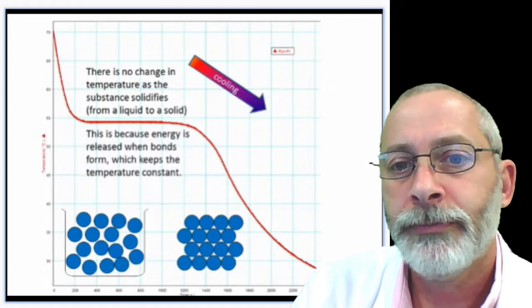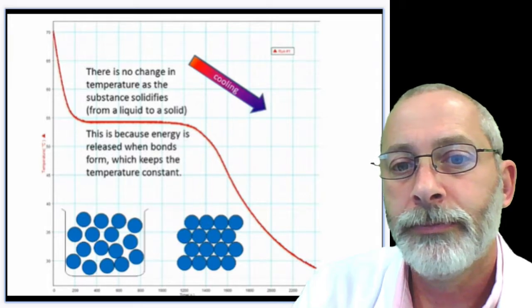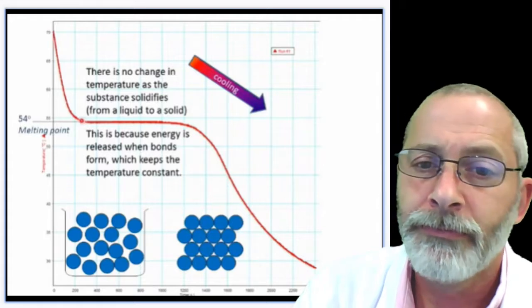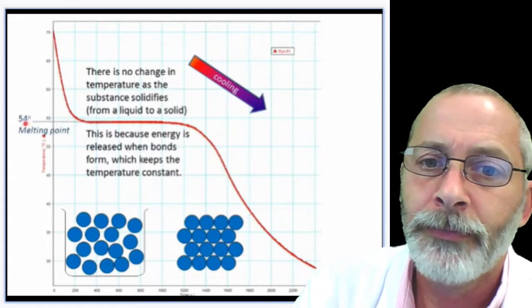And this happens because energy is released when the bonds form, and that keeps the temperature constant. It takes a supply of energy to break bonds, and when you form the bonds again, that releases energy. And that means that the temperature remains constant. You notice, of course, that the temperature at which that happens is a constant 54 degrees, and that's the melting point for stearic acid.